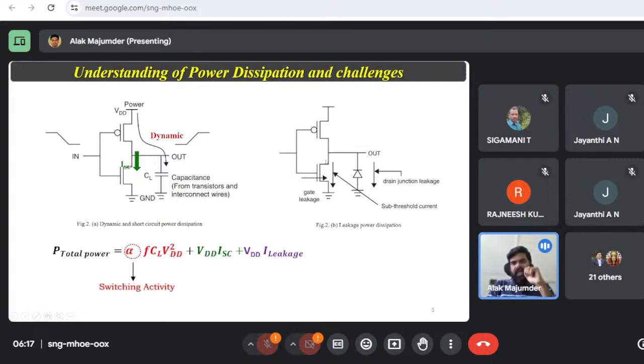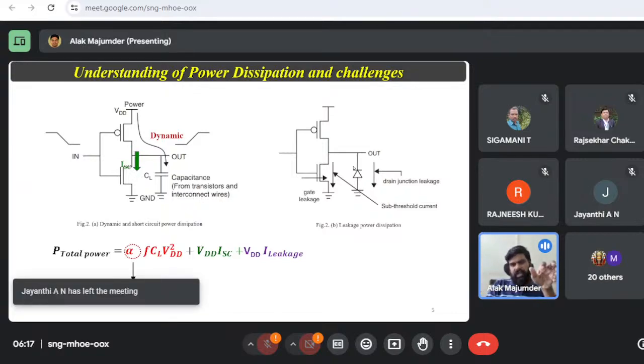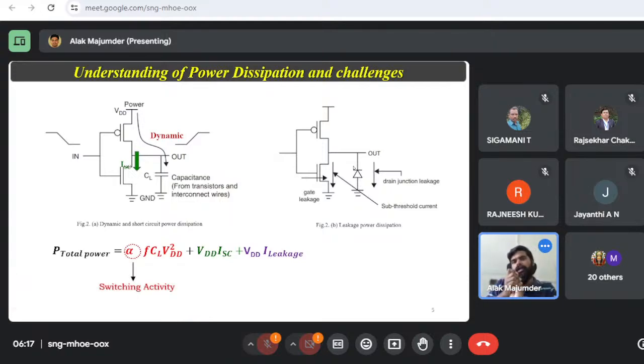But still at that time, if you see some current flowing from the gate terminal, even though there is an oxide layer which is an insulator, then this is a problem. Also, because this NMOS is off, fundamentally no current should flow from the output terminal to the ground. But if you measure the current, you will see that some current is flowing. So these are components of leakage. For leakage, your device has to be in the off state.